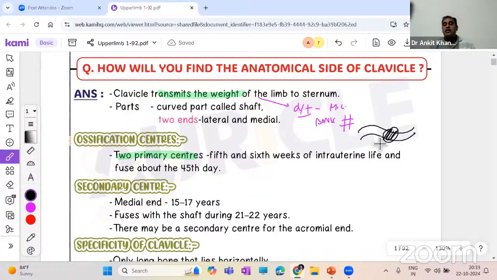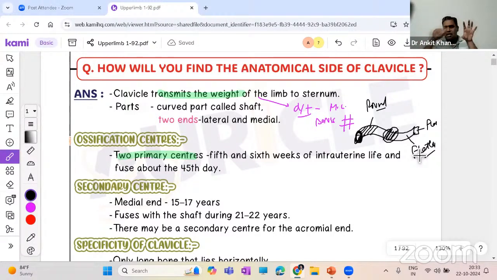Some curvaceous part. Also understand that one end is quadrangular and one end is flat. When one end is quadrangular, the sternal or medial end, this part of the bone is more rounded. And when this end is flat, this part of the bone is comparatively flatter.